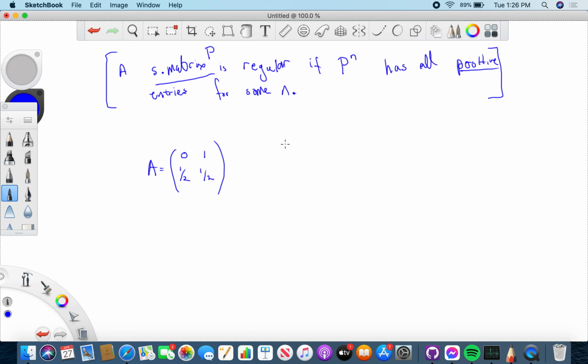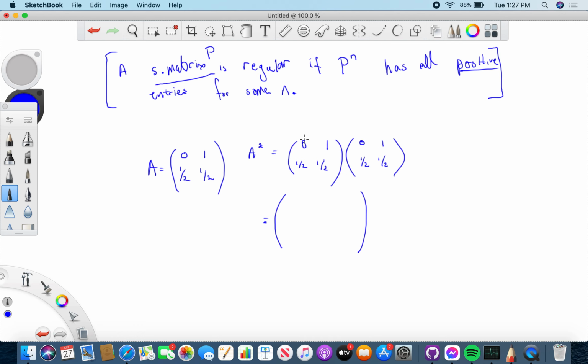But for us, we're just going to take powers. So let's look at A squared. This is literally just A times A. If you don't remember how to do matrix multiplication, go back and review these concepts, so I'm going to go pretty quickly over this.